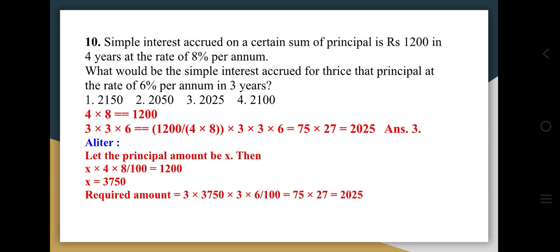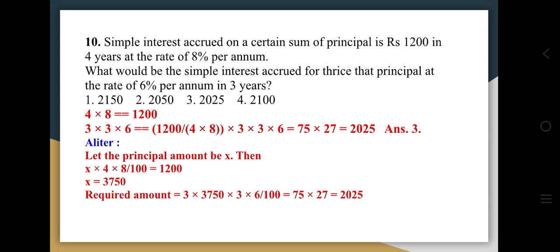So we get x into 4 into 8 by 100 is 1200. If we cross multiply 4 and 8 by 100 to the right hand side, it becomes 1 by 4 into 100 by 8. After simplification, you can see that x equals 3750.